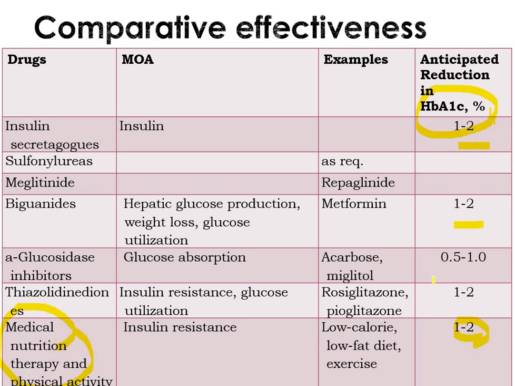But what is the technical point? The technical point is that physical activity, lifestyle modification and nutrition therapy are as effective as thiazolidinedione derivatives. So the message is, if physical activity and medical nutrition are as effective as thiazolidinediones and sulfonylureas, then you should at least advise your patient about lifestyle modification.